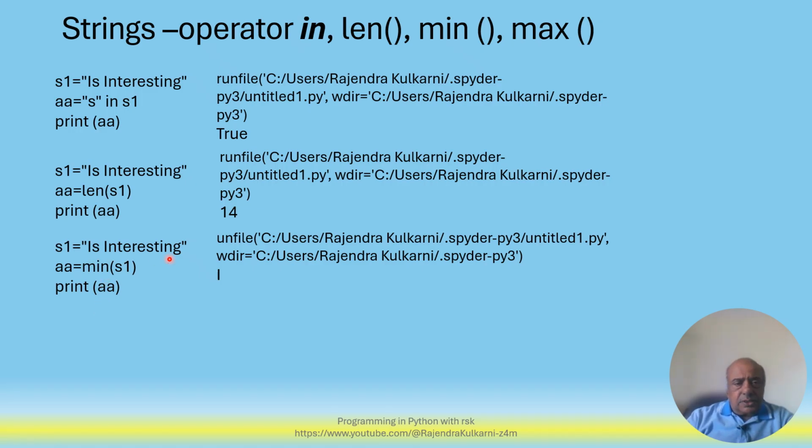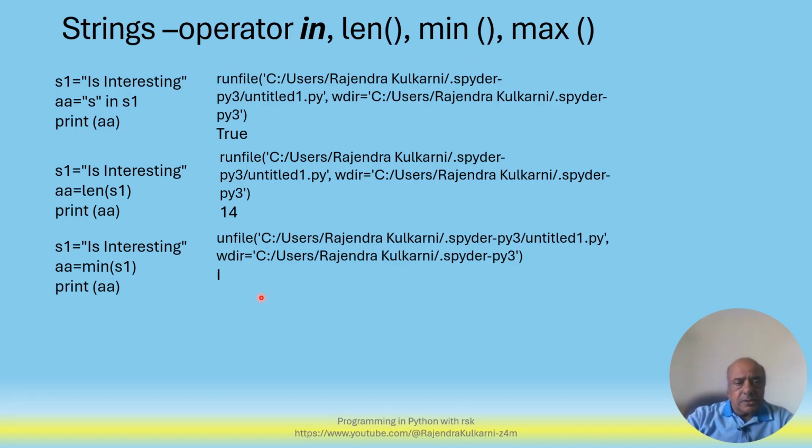So it is interesting: the minimum character value in this string is I, because please note a capital character starts at 90 in Unicode, and a small case character a starts at 123.